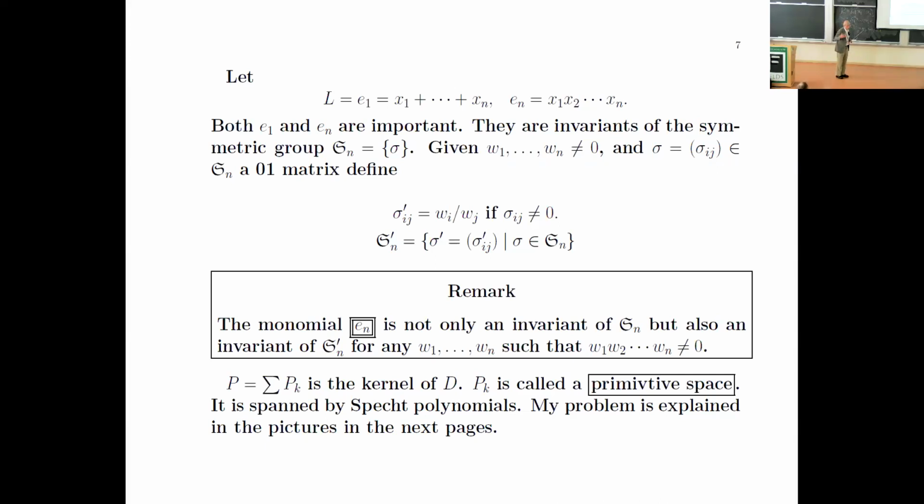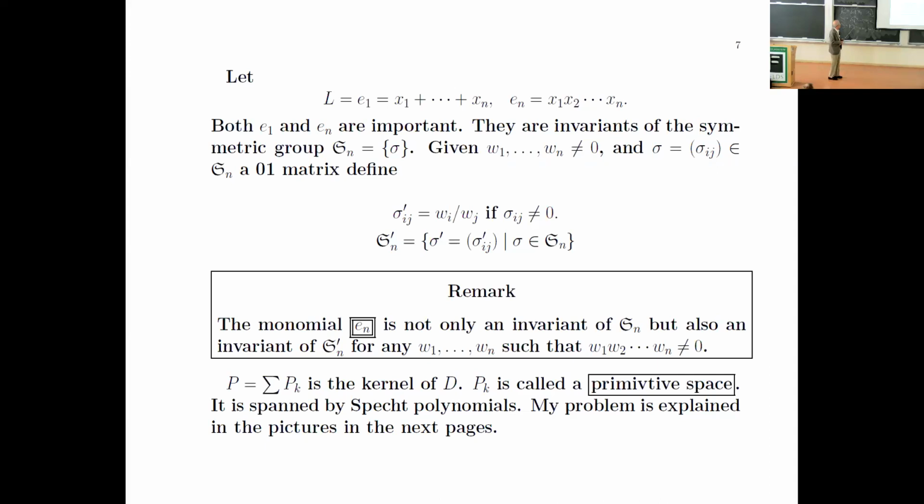When we are given a set of non-zero elements, and sigma is a 0-1 matrix, I want to define sigma prime to be a weighted 0-1 matrix. 0 stays in the same position, but 1 is replaced by a quotient of the given constants. Sn prime is another set of matrices, another group.